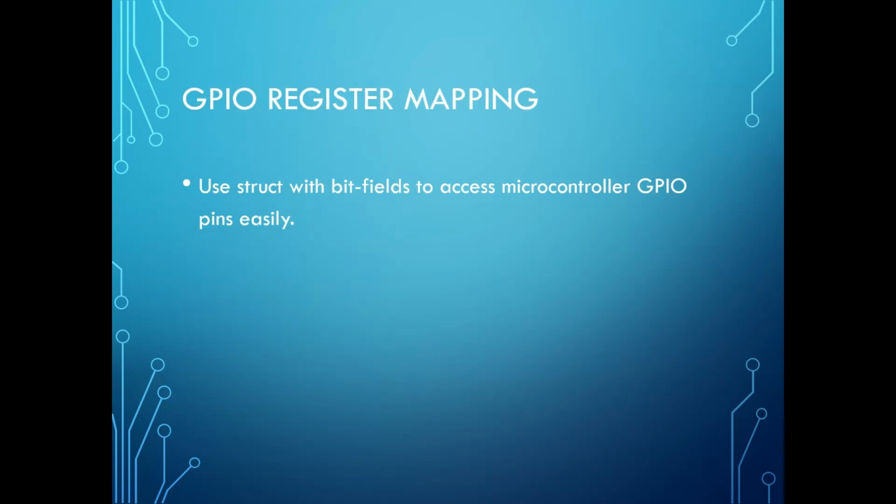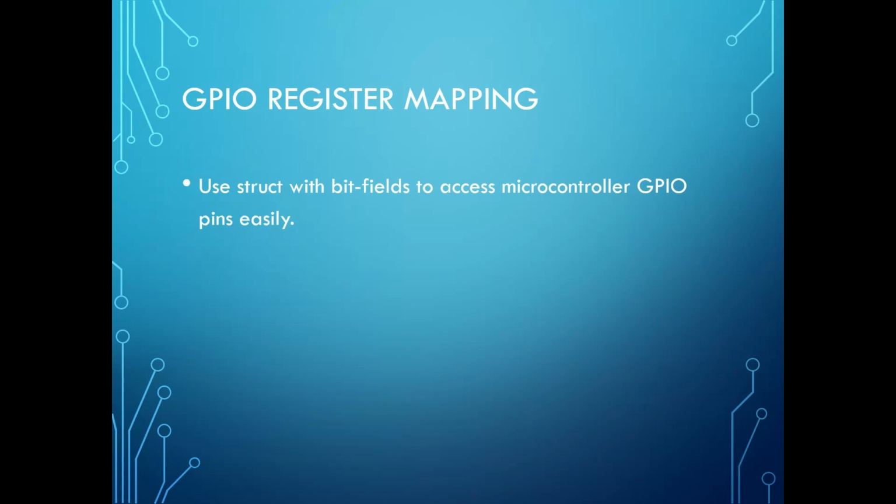So what is a practical embedded use case? GPIO register mapping, how do you do that?